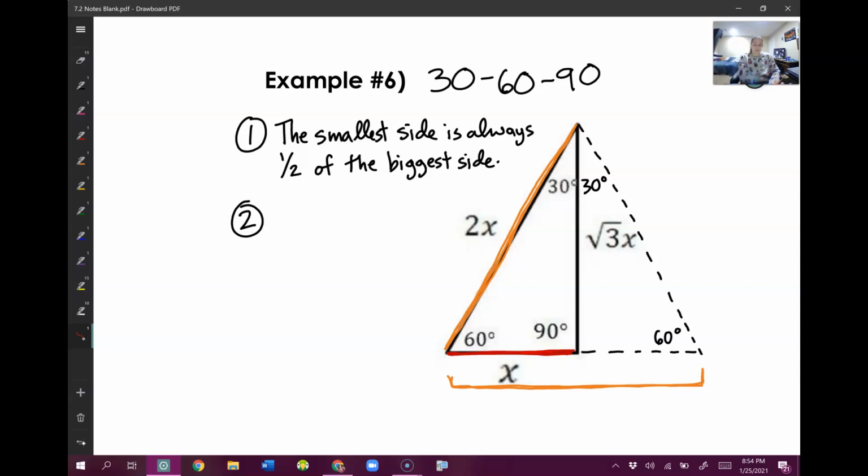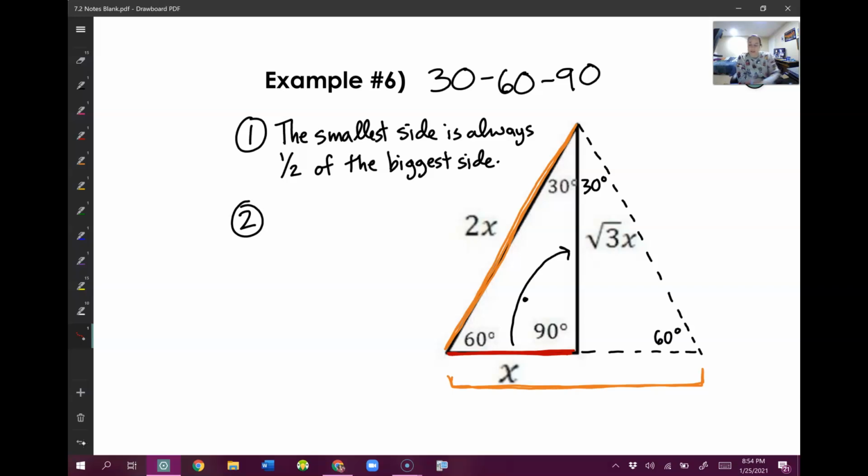That's our first pattern. Now, the second pattern goes between this small side and this medium side. This one also has a magic number, where if we're going from smaller to bigger, we're going to multiply, just like we did in the last video. If we go from bigger to smaller, we'll divide.